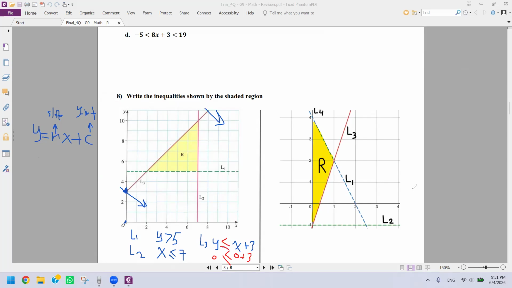Now the second part, need to do the same thing. Now the first line, let's start with the y-intercept, which is 4. So let me write plus 4. This is x, this is y. Now I need to find the slope. How do I find it?